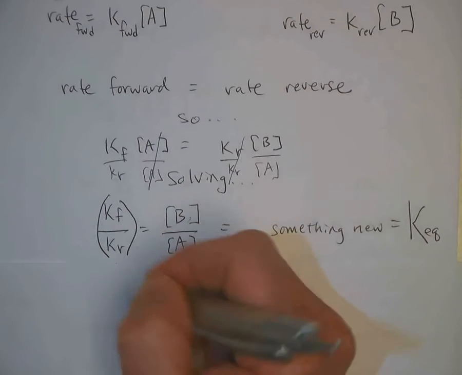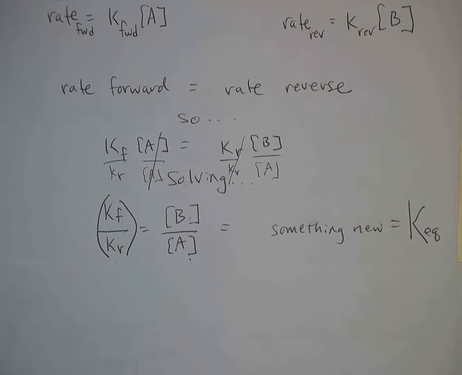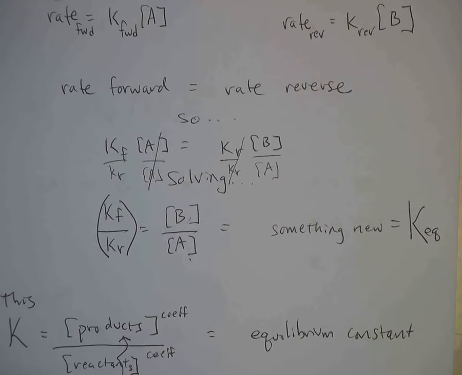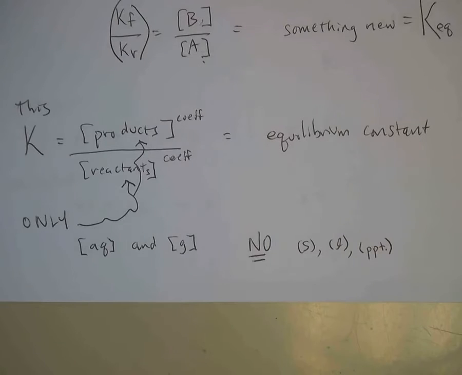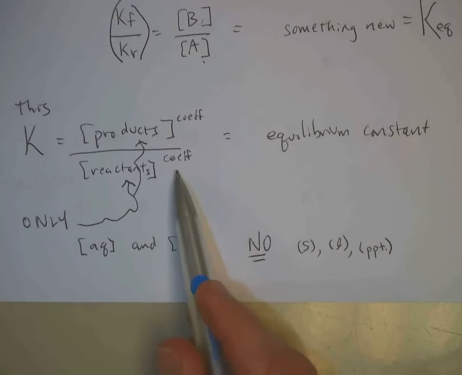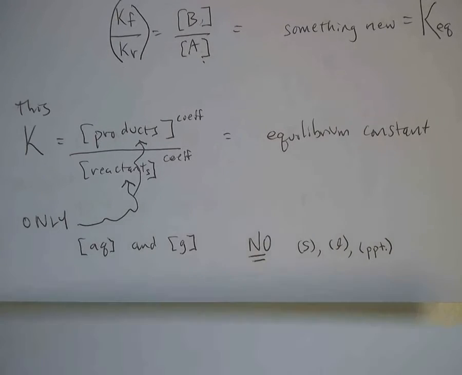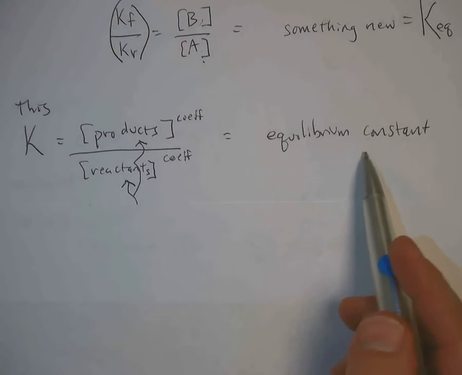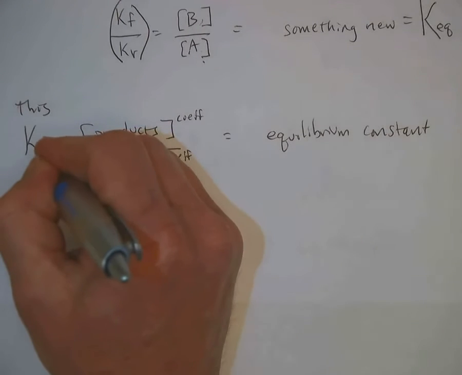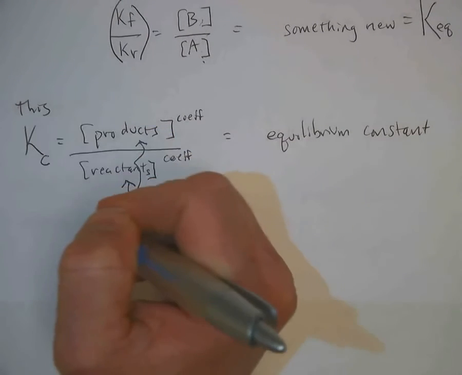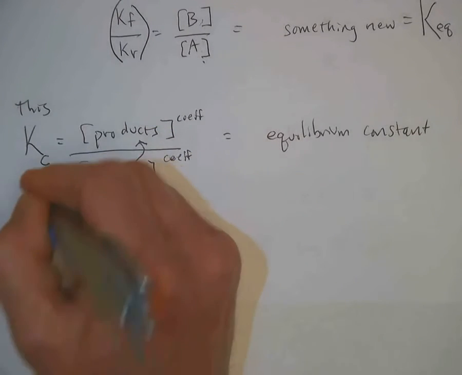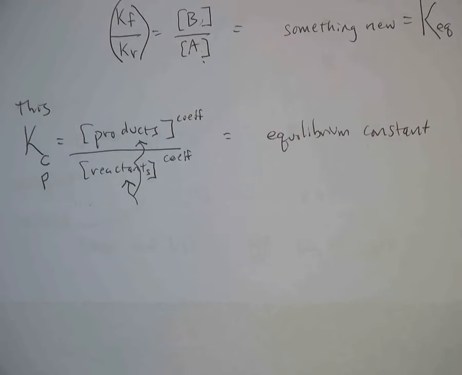These two constants come together to form the equilibrium constant, and it is always equal to the products to the power of the coefficients divided by the reactants to the power of their coefficients. If it's in terms of concentrations, we usually put a little C down below here. If it's in terms of pressures, we usually put a little P. But as we've seen before, sometimes it's a mix of concentrations and pressures.